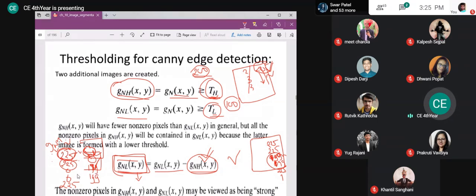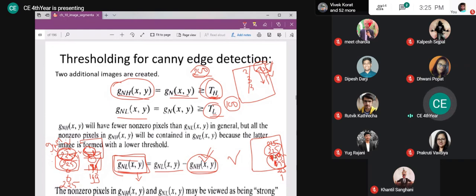Then I will repeat that the same way. So what am I actually finding? I am finding any pixel which is in 8 connectivity with my non-zero pixels in GNH, and does it exist in GNL? That means, is there any pixel which is in 8 connectivity of my actual edge and is not detected because of the higher threshold, right?